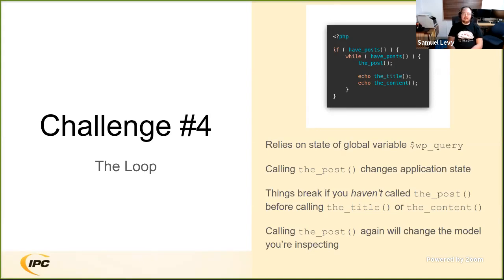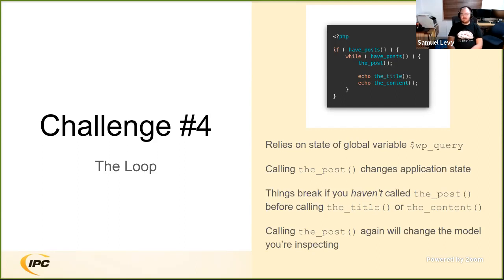I've seen this before on another client site, a weird bug where a template would start up and show the title of a post, and then it would call a shortcode which happened to call the post itself for reasons I will never understand.